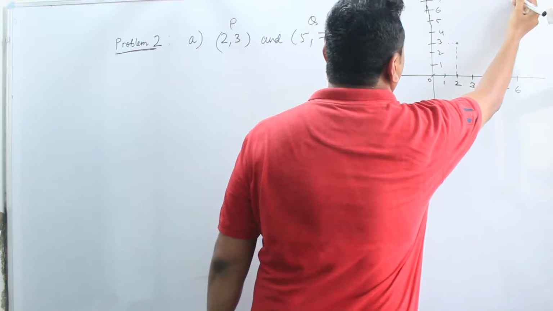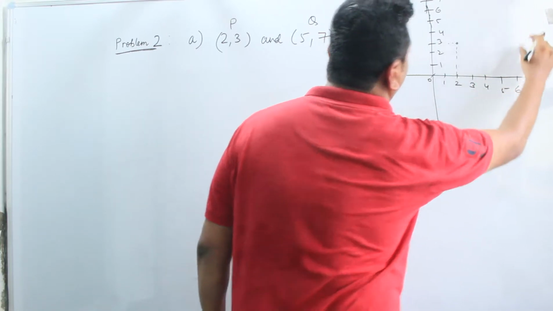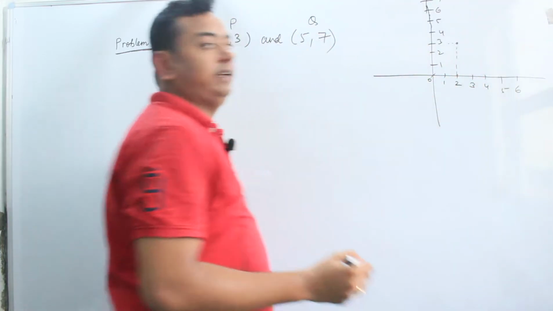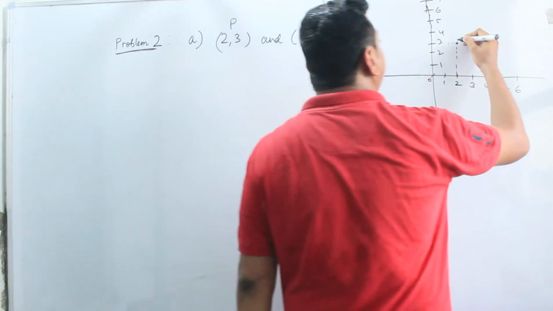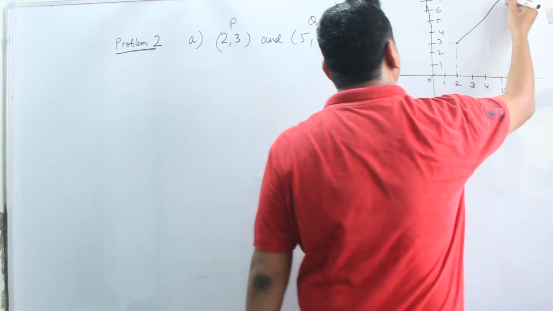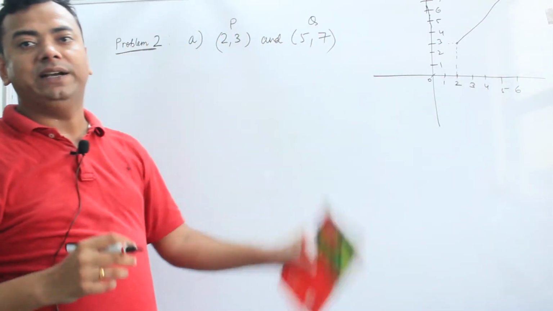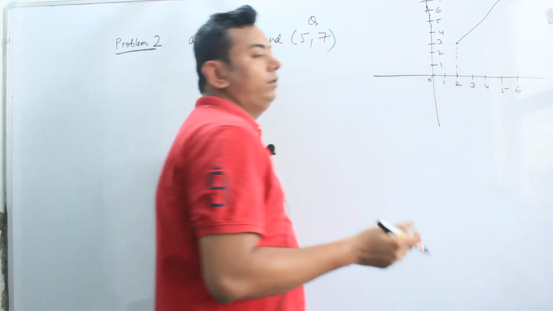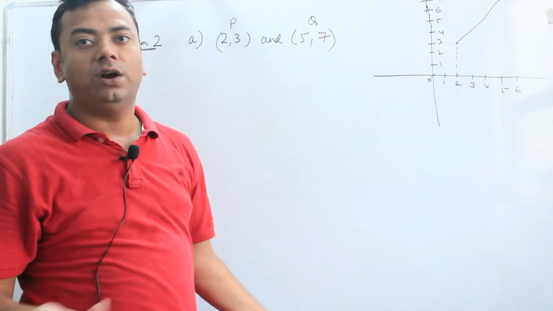So 5, 7 would be here somewhere. Now we have to find the distance between these 2 points, that is the line segment distance. Now you forget the formula. How to evaluate?